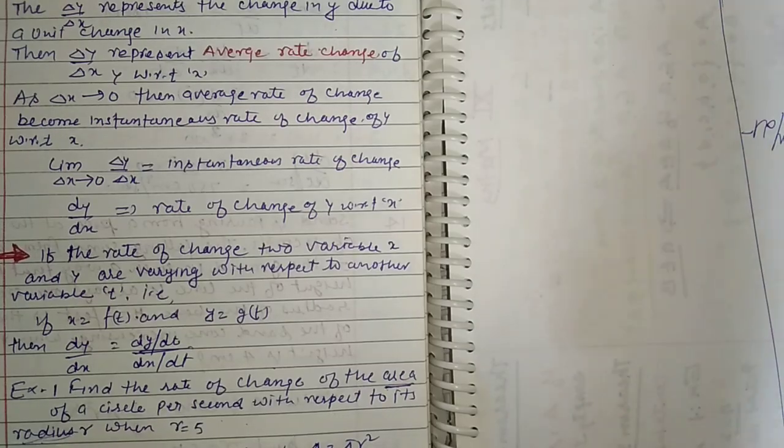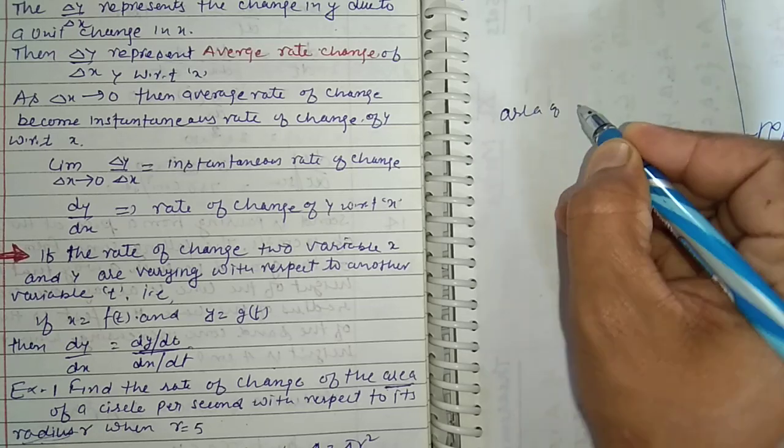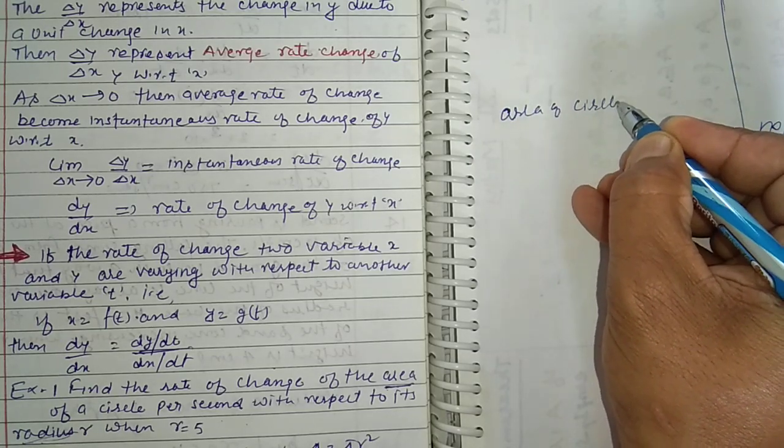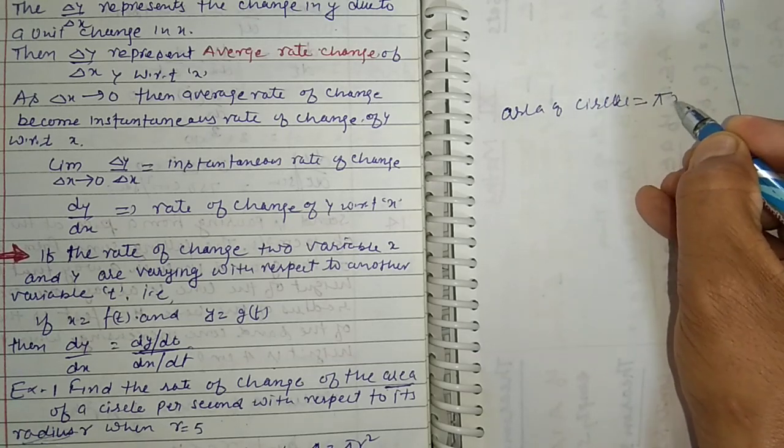Clear? Okay, we know that first of all area of a circle is what? Pi r square.